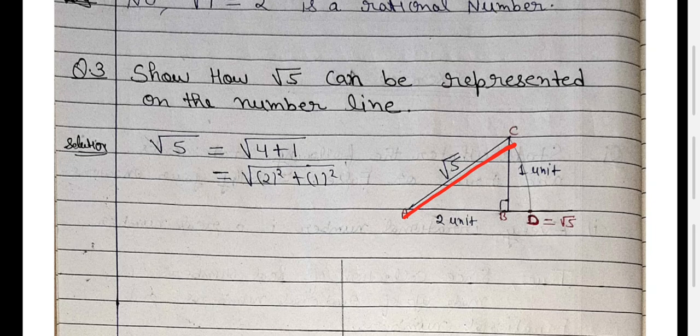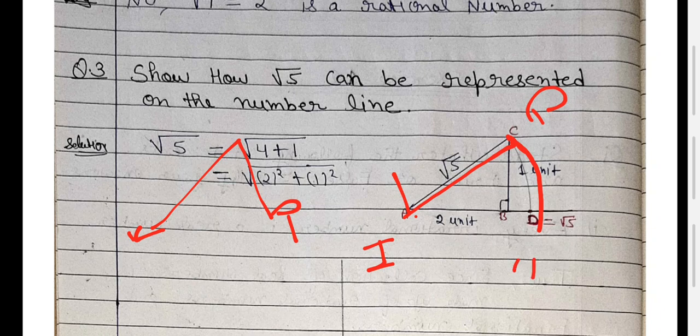Take your compass, which has a pencil on one side and an iron point on the other. Put your iron point here and pencil point here. Then bring it down on the number line. It will intersect the number line at point D. So D represents under root 5. Like that we have to solve.